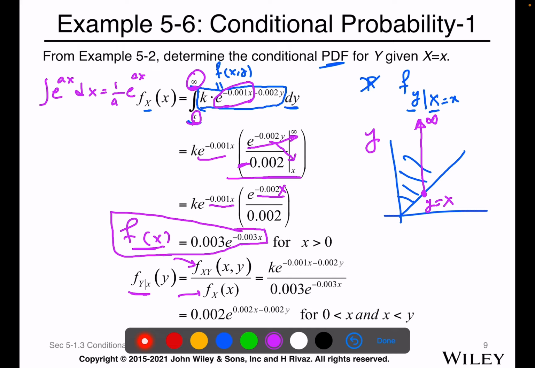And at the end, this is the equation for the conditional probability. Any questions? So see, this is e to the minus 0.001x minus 0.002y divided by e to the minus 0.003x. So this goes to the numerator and it becomes positive, so it becomes plus 3 minus 1, which is 2.